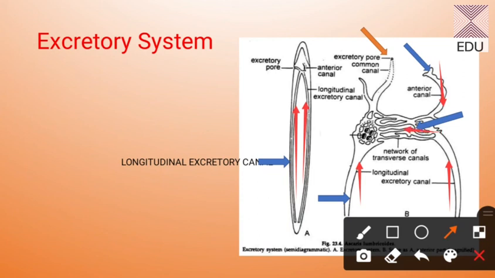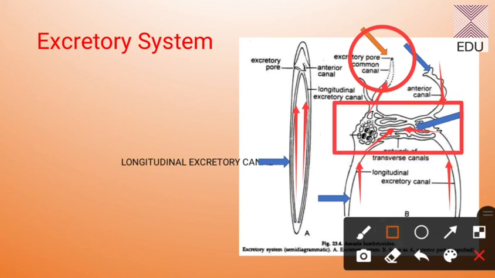They both meet at the transverse canals at the plexus, and finally the urine leaves into the excretory pore. This is a common pore for the excretion, which is present over here. This plexus is present near the mouth. As you can very well see, this is the plexus, and it is very close to the mouth.